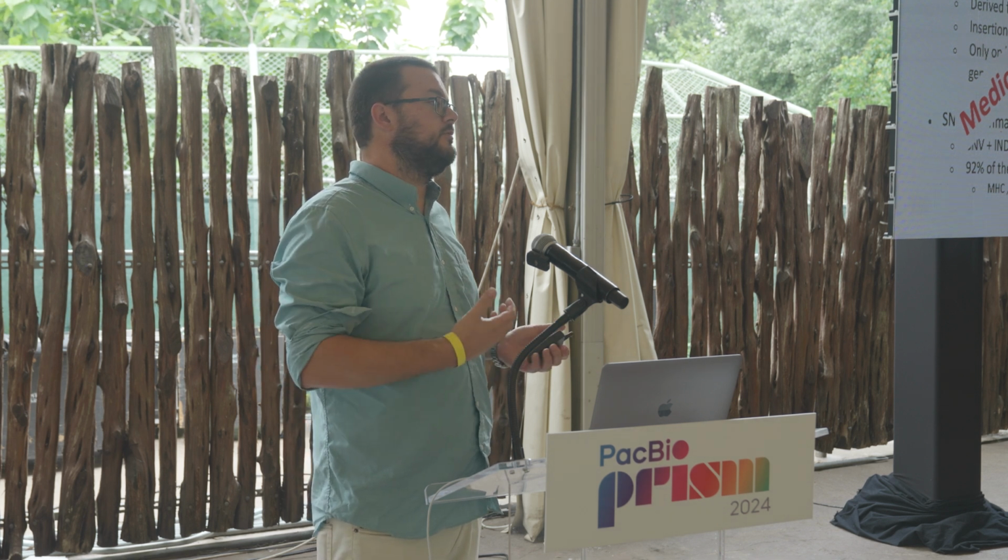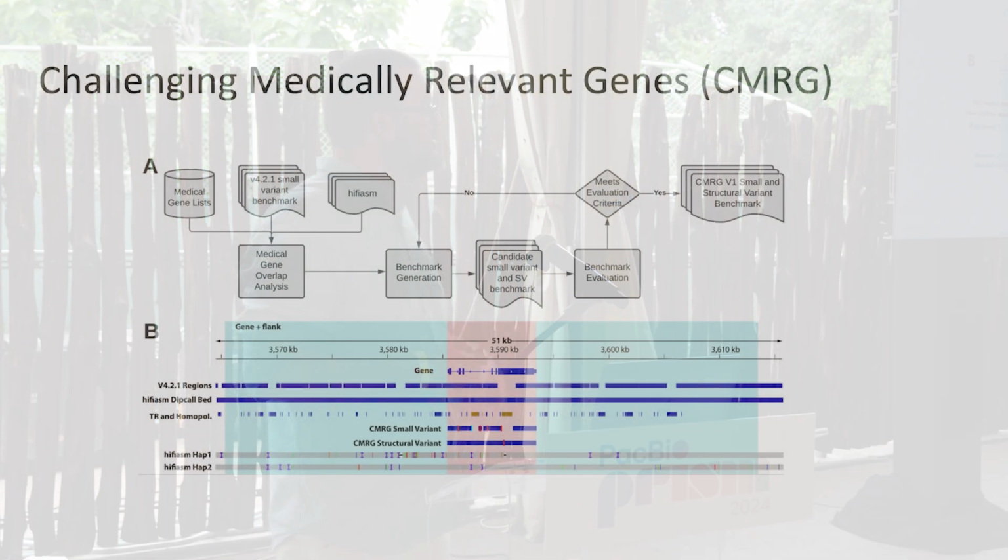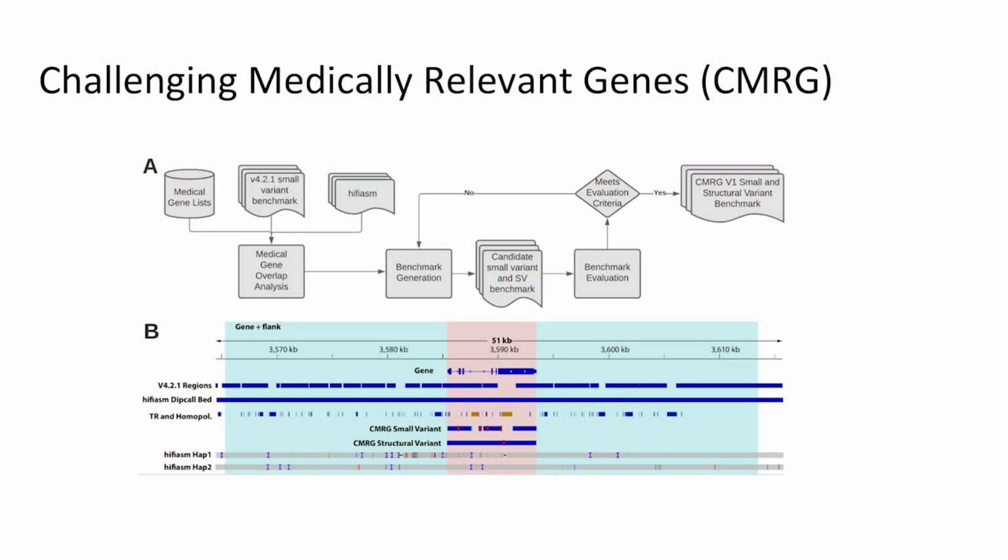But how do we really perform in these challenging medically relevant genes? And so for this, Genome in a Bottle and we set out to formulate a new benchmark, CMRG, which was assembly derived. Basically we took a HiFi assembly and overlapped that with the existing benchmark to not cope with the same regions again and really be unique.